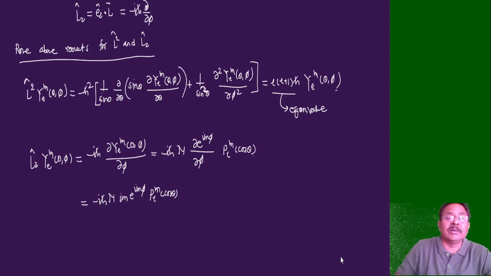That is nothing but simply m times h-cross multiplied by Y_lm of theta and phi. So this is an eigenvalue.